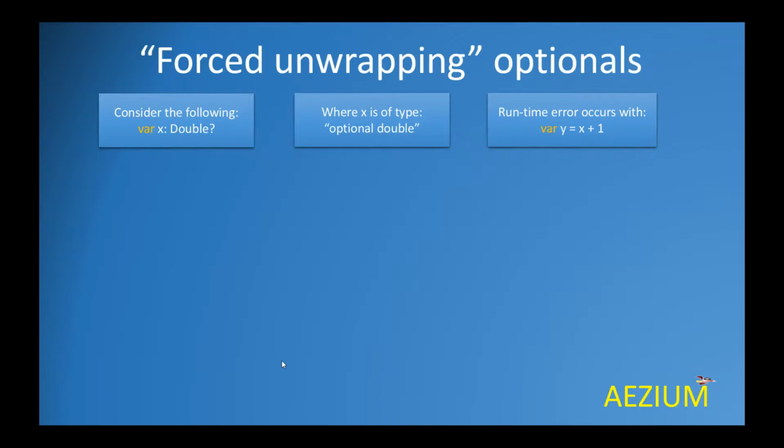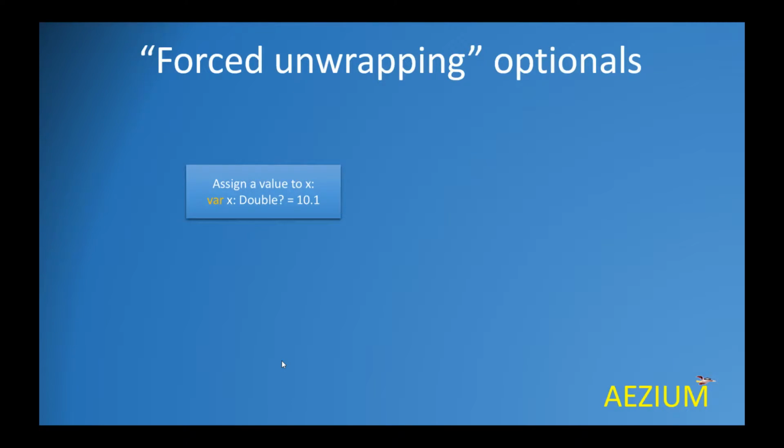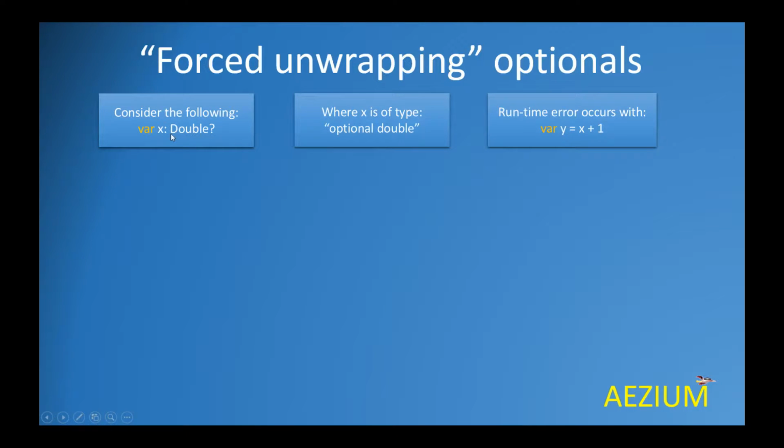Now let us consider this situation that we have correctly declared an optional parameter, but then we wish to use the value of this parameter in another part of code.